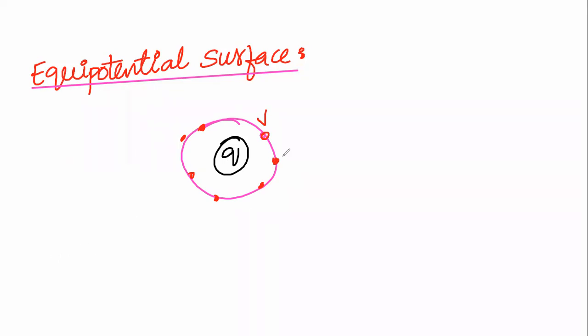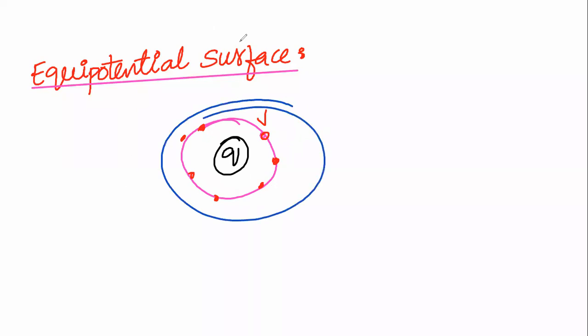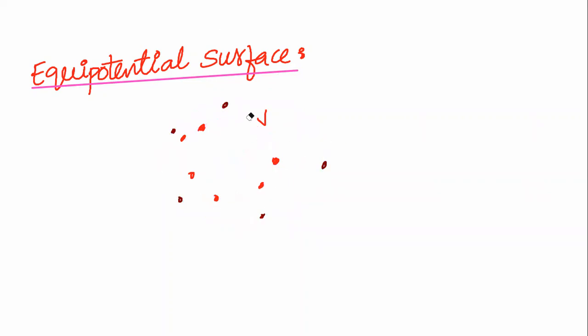This is called one equipotential surface. Another one, if I take the potential anywhere on it, is also an equipotential surface. These are called the equipotential surfaces.